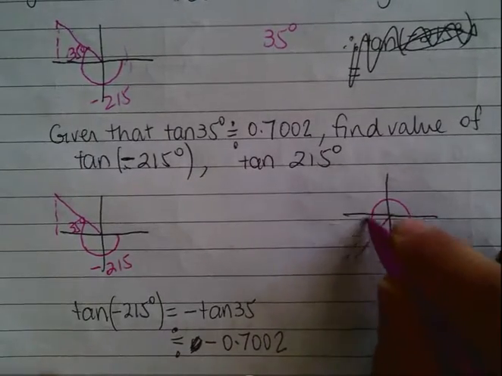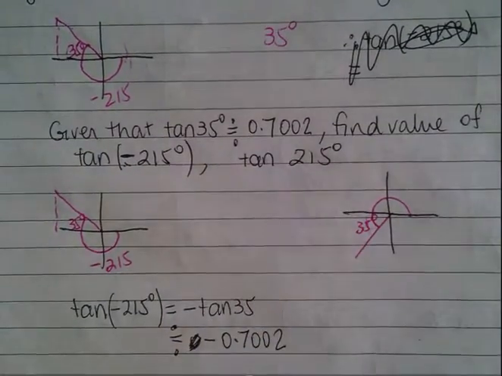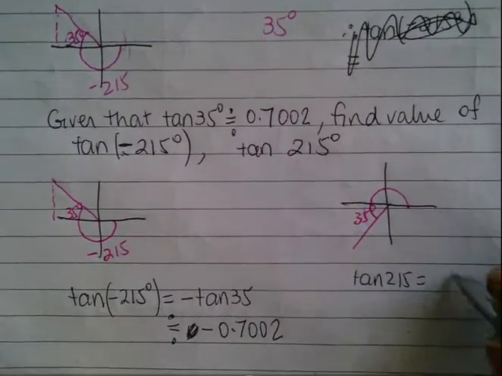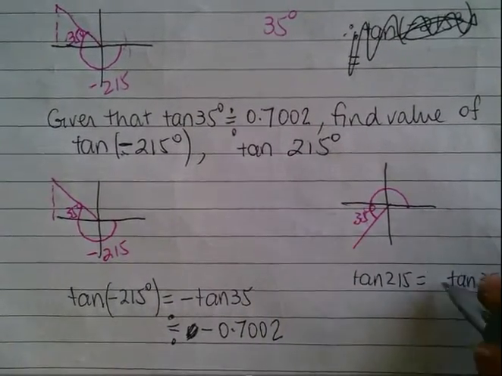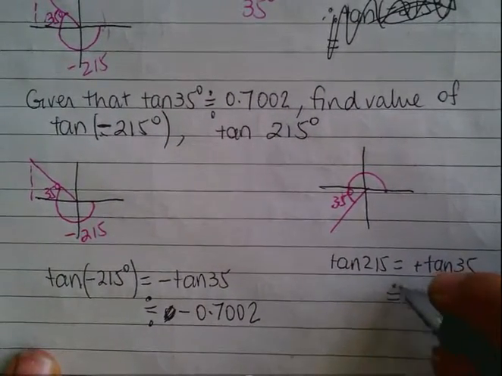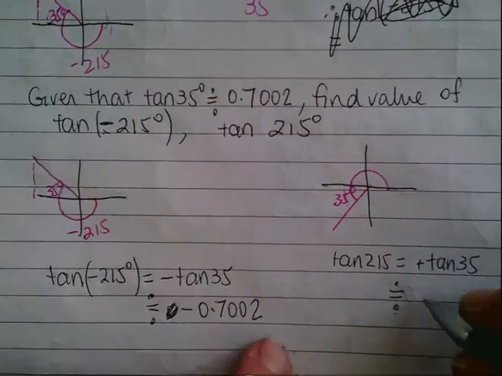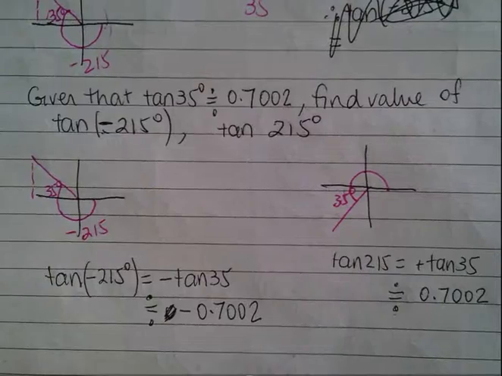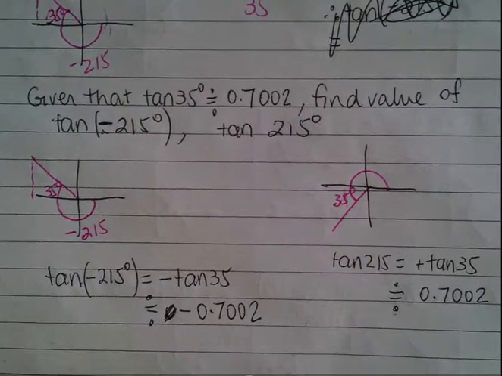How big is this angle? 35. All right. So I say that the tan of 215 is the same as positive tan 35, because all stations to central, which is approximately equal to the value you were given, 0.7002. Okay? So those challenge questions are like that.